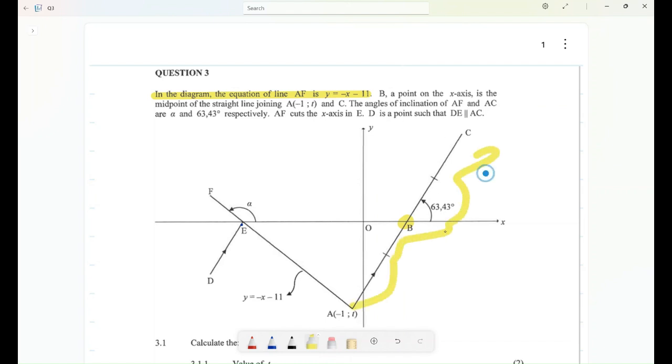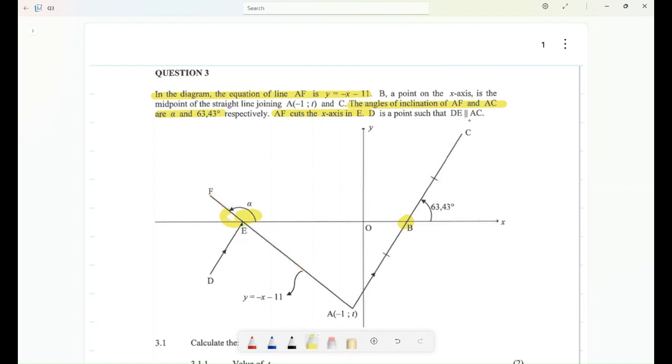Now, the angles of inclination of EF and AC are alpha and 63.43 respectively. Okay, we are given that. AF cuts the x-axis in E here, okay?